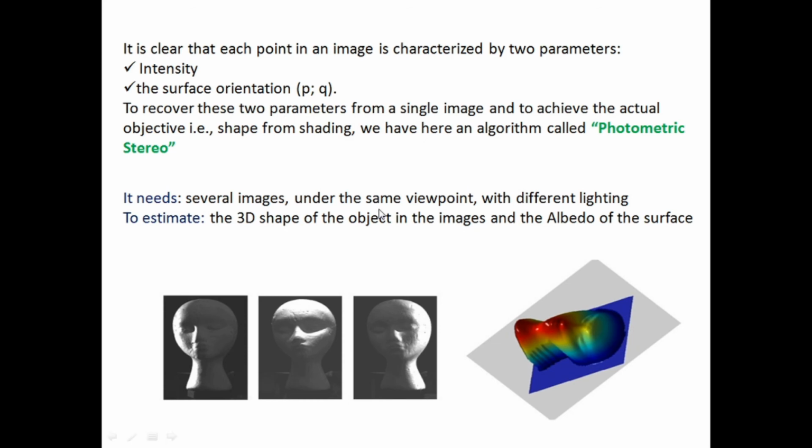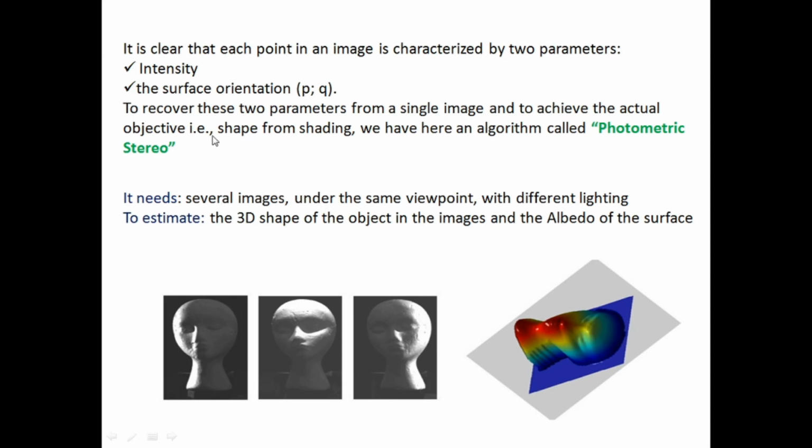So now it is very much clear that each point in an image is characterized by some kind of intensity. This intensity happens because of the lighting condition, as well as the surface orientation. Now some bit of orientation I can find out in these three images, a small bit of orientation.